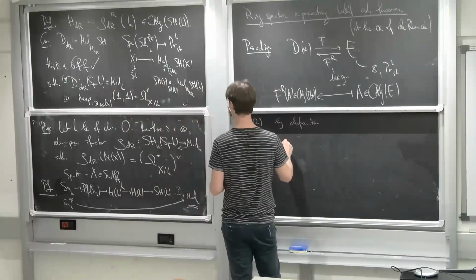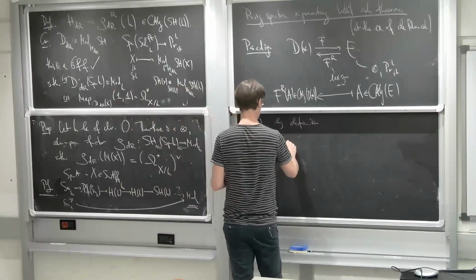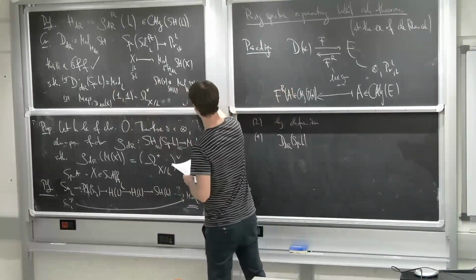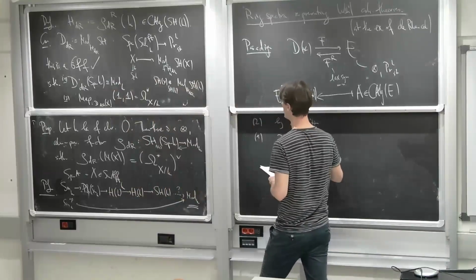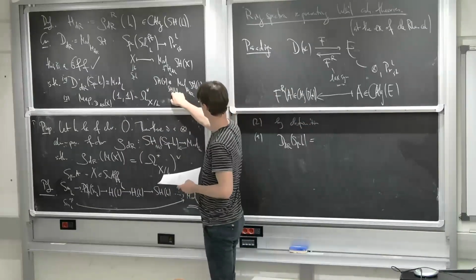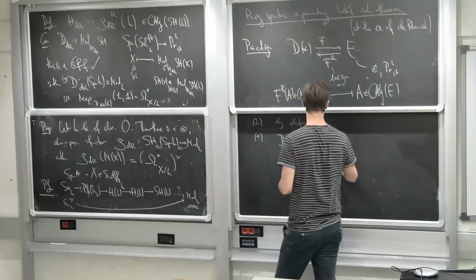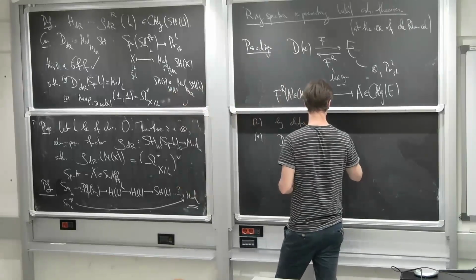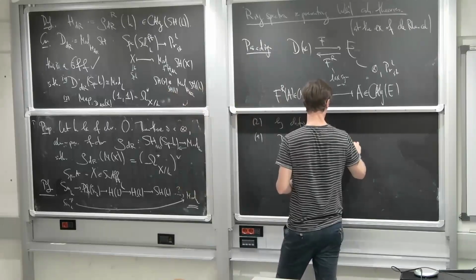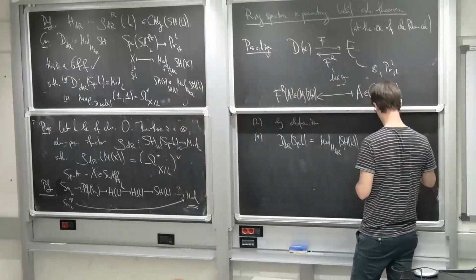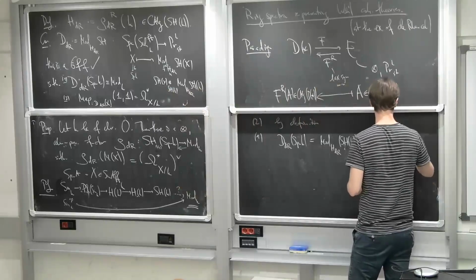So let's take this D_dR of Spec K. Once again, if X is equal to Spec K, then you can forget about that. You just have modules over H_dR in this SH of K. And this goes to Mod_K.